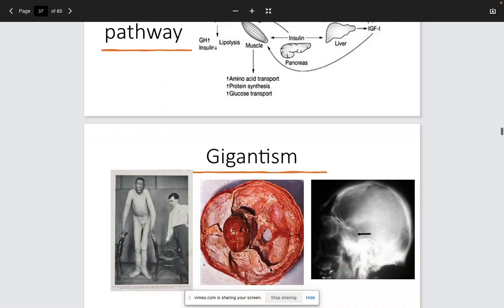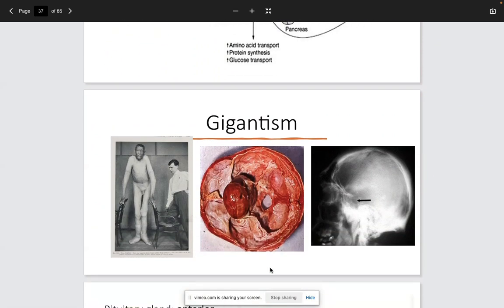Again, this is just another picture that I was previously describing to you. This man right here has gigantism. This is the area where this big mass is. Within it is an area called the sella turcica. The sella turcica is where the pituitary gland is normally located.